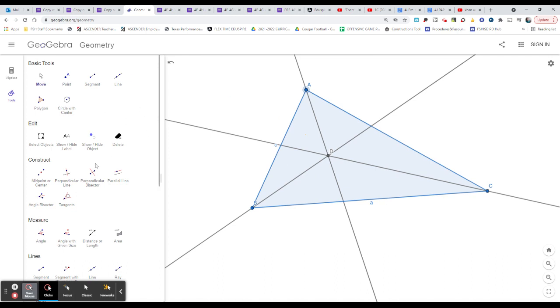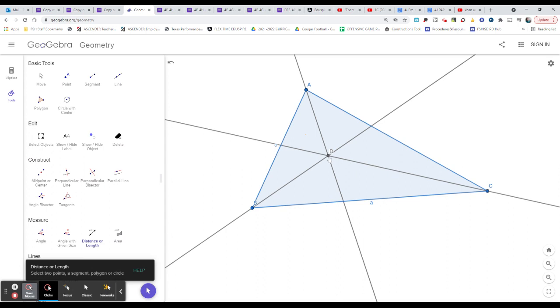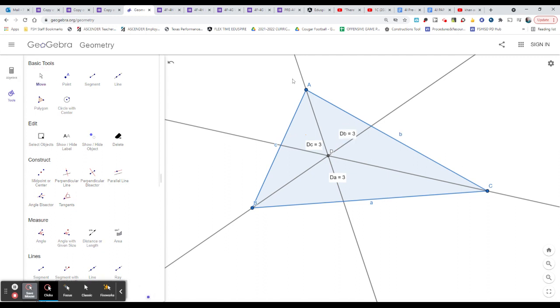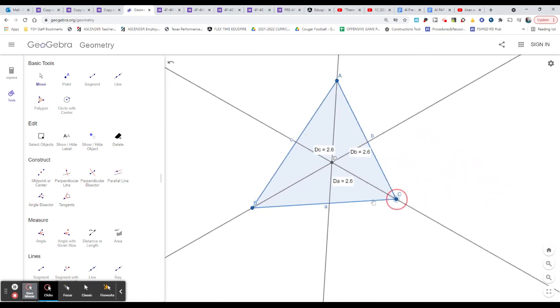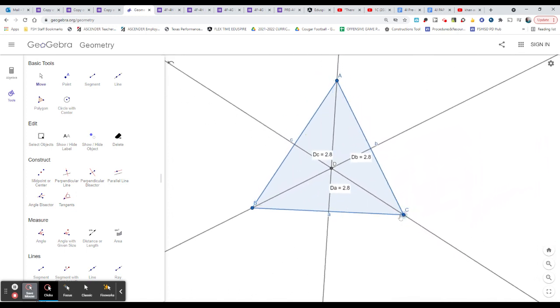So the distance from D to line A, D to line C, D to line B will always be constant no matter what. As I move this thing around, you'll see that the distance from D to all those lines is the same.